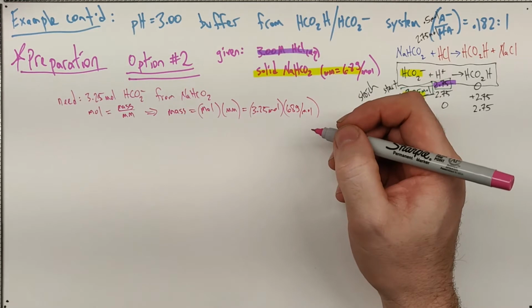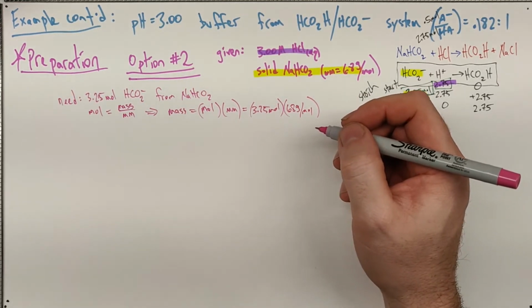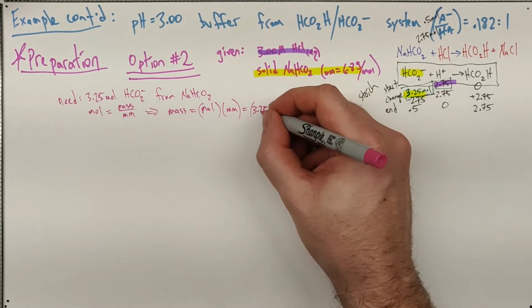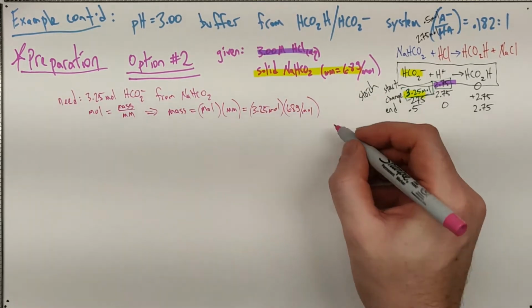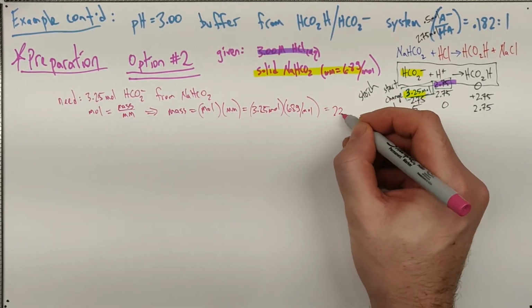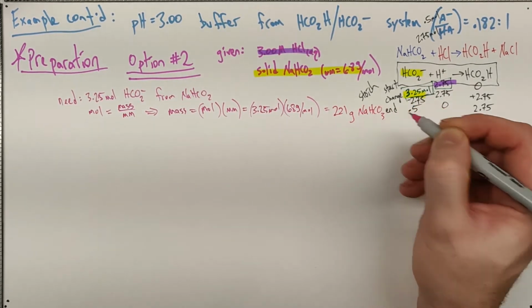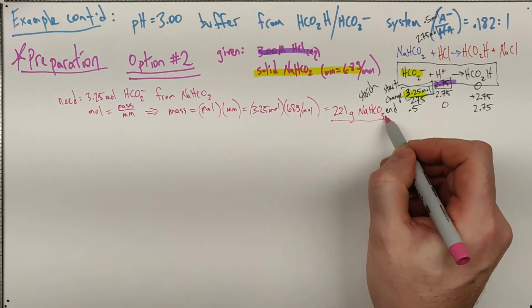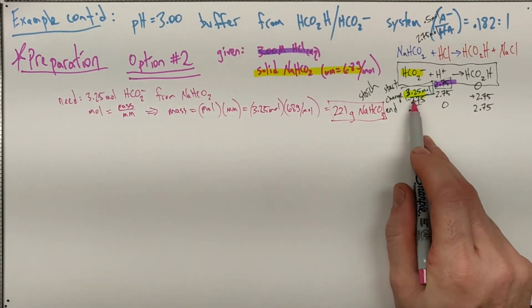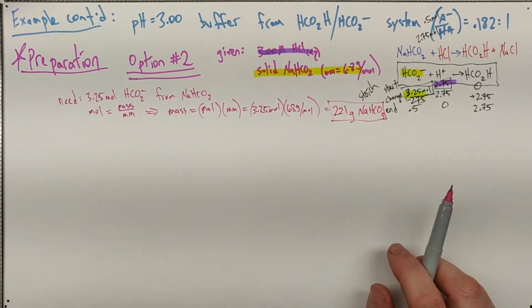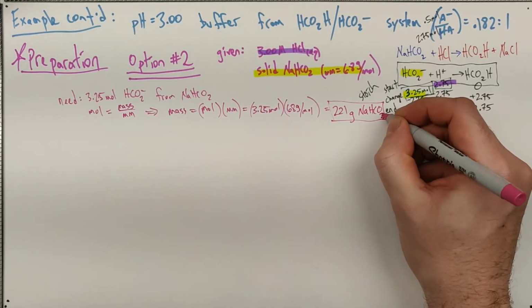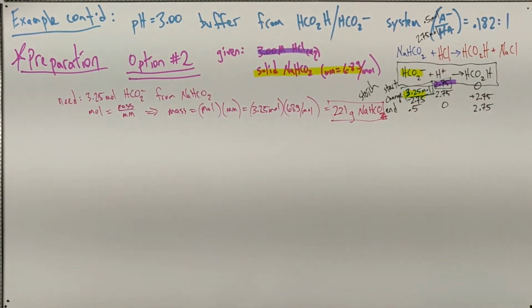And again, I'm stepping on our sig figs a little bit, but we should end up with 221 grams. And that is the first part of our recipe to get that 3.25 moles of NaHCO2. All right, that is the yellow highlighter.